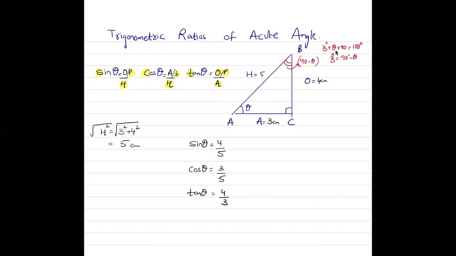So if I consider this angle B as the angle now, and if I want to find the trigonometric ratios of angle B, what is sine of angle B going to be? Now angle B is 90 minus theta. When you have this angle, the hypotenuse is going to remain the same, but the side opposite to this angle is going to be a different side.